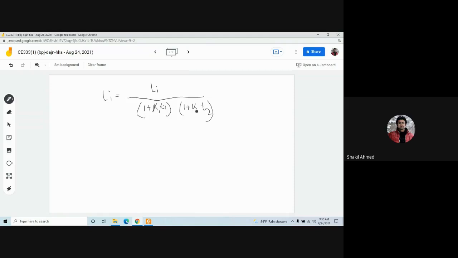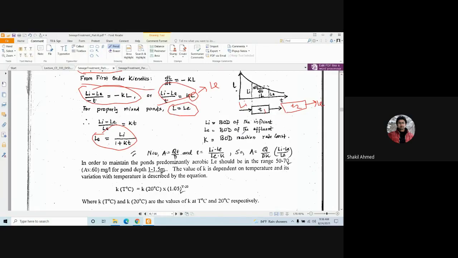Okay. K1, T1, K2, T2. If K1 and K2 are equal, then you can write kT1, kT2. Clear?